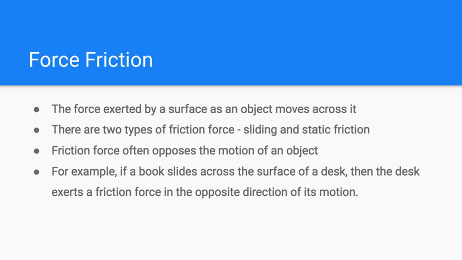And sliding or kinetic friction is when the object is in motion. So friction most often opposes the motion of an object. So if it tells you that a book slides to the right, then friction will be towards the left.